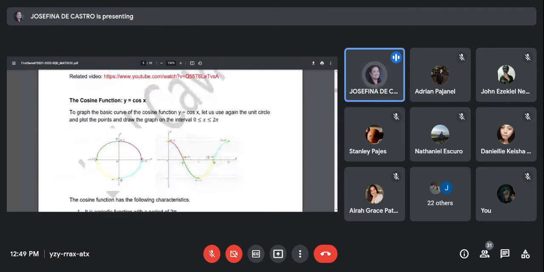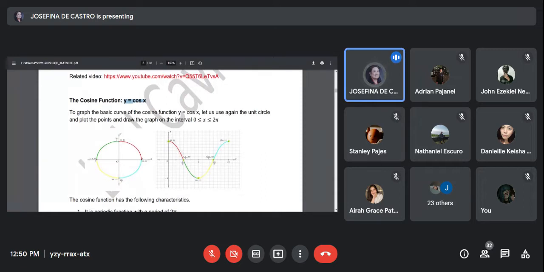Okay? Ito naman yung sa cosine. Y is equal to cosine x. So, x again are angles, and y will be the corresponding cosine for that angles. Okay? So, ito yung ating first quadrant from 0 to 90 degrees, yung kulay red. And pagka iginrap mo siya horizontally, dito siya mapupunta.